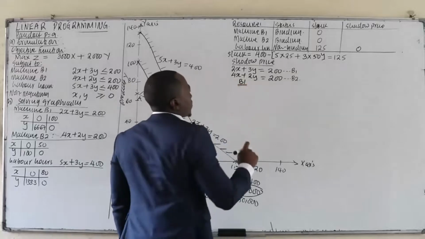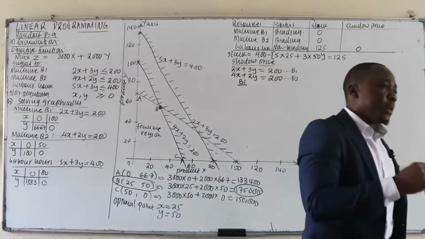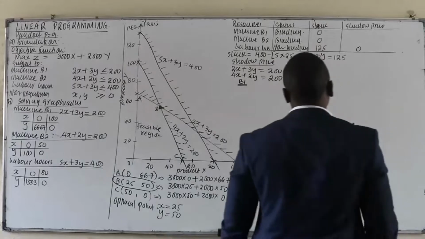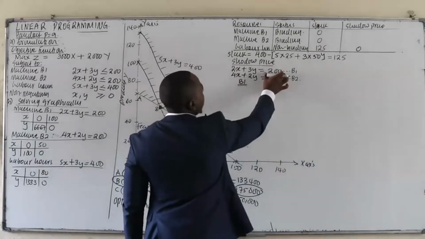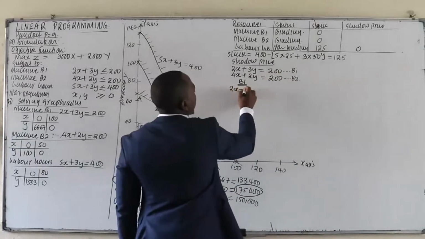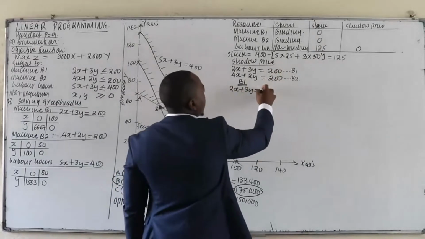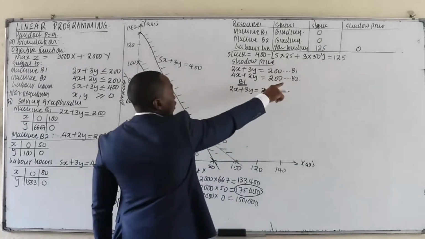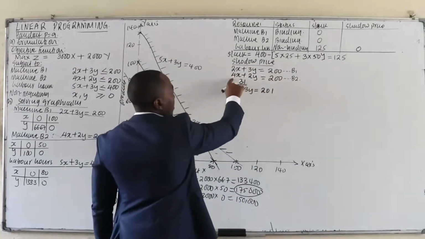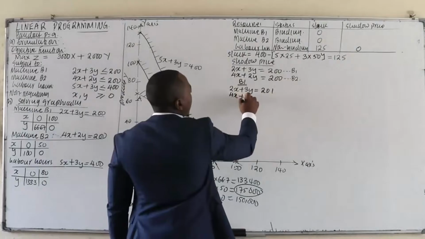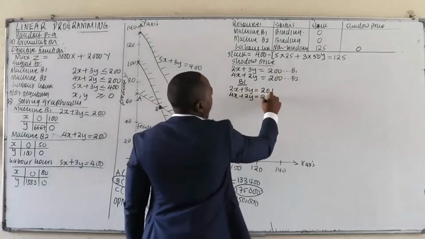B1. We see that shadow price is the maximum price paid to acquire an extra unit. So here we had 200 for B1. So now it will be 2x plus 3y, and of the 200, if we acquire an extra one, it will be 201. Then you don't change B2. Remember, you're evaluating B1. So you take 4x plus 2y is equal to 200.